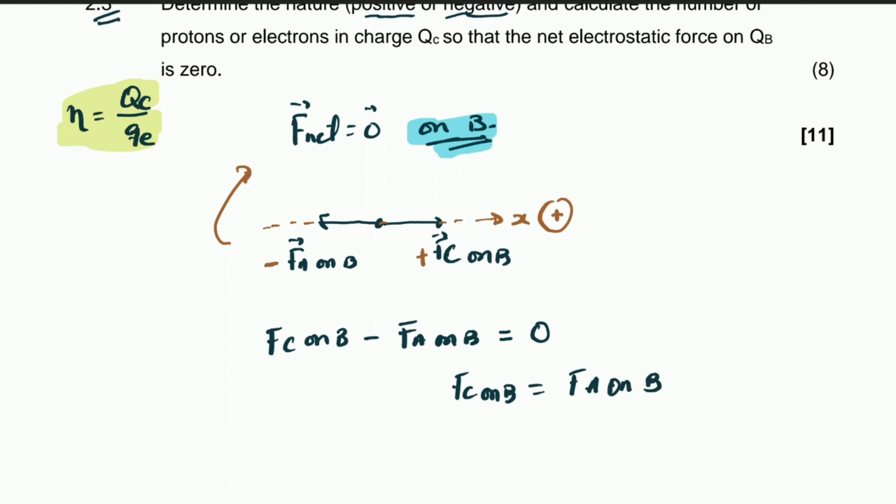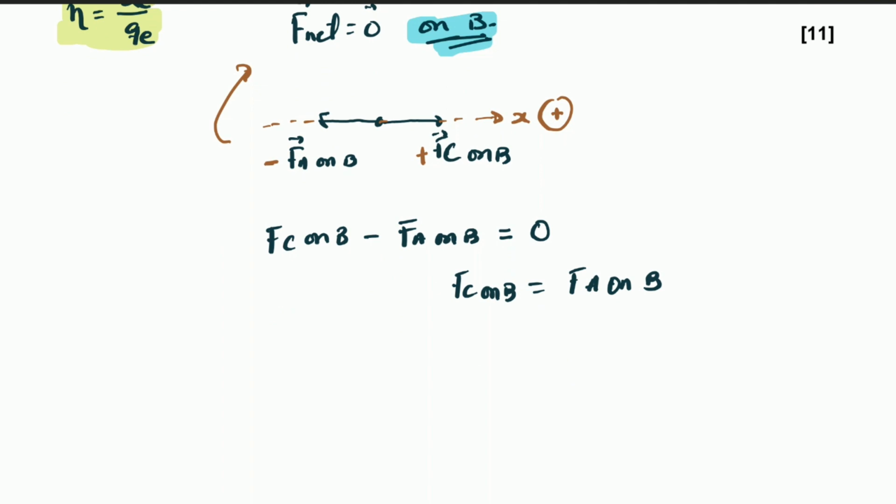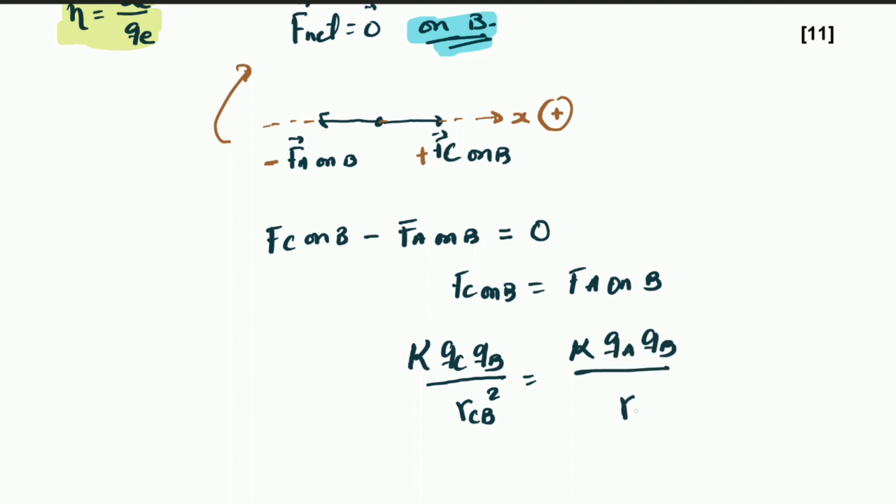Guys, and the rest is substituting Coulomb's law in here, where you say K multiplied by QC QB divided by the distance between C and B squared is equal to K QA QB divided by the distance AB squared.